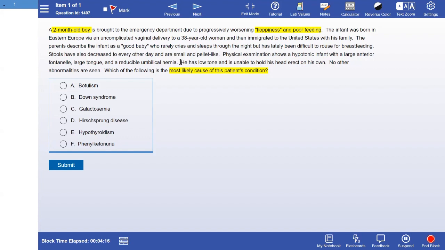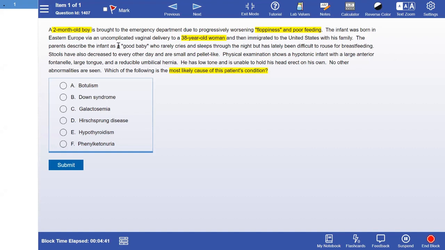However, we need to understand that it was an uncomplicated delivery, to a 38-year-old woman. So the baby was term. Okay, there is nothing to worry about preterm gestation or preterm births. So the parents described the infant as a good baby who rarely cries and sleeps through the night, but has lately been difficult to rouse for breastfeeding.